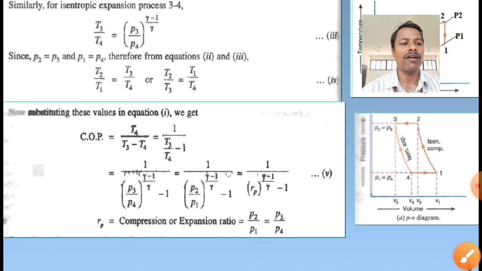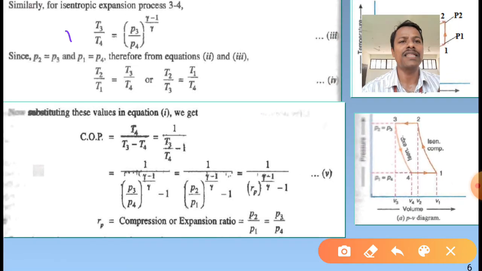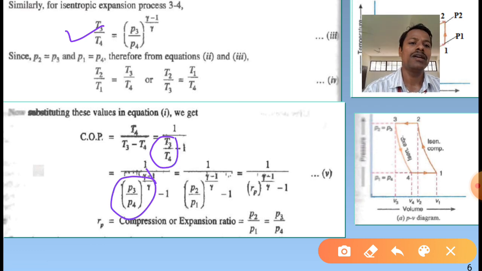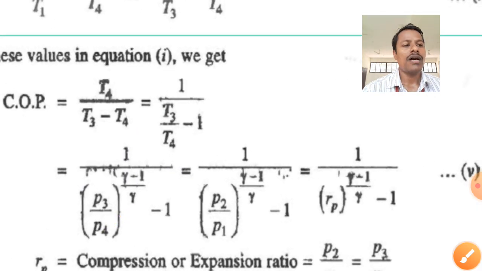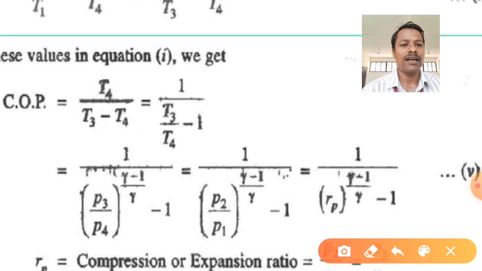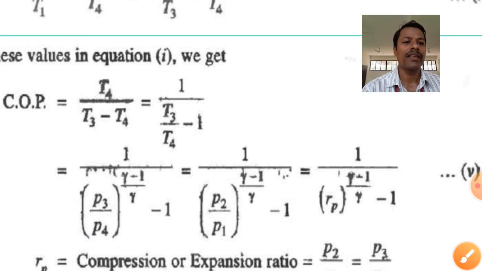The isentropic law that I have already written above: T3 upon T4 is equal to P3 upon P4 bracket raised to the power gamma minus 1 divided by gamma. I am replacing T3 upon T4 with P3 upon P4 bracket raised to the power gamma minus 1 divided by gamma, keeping the minus 1 in the denominator as it is.